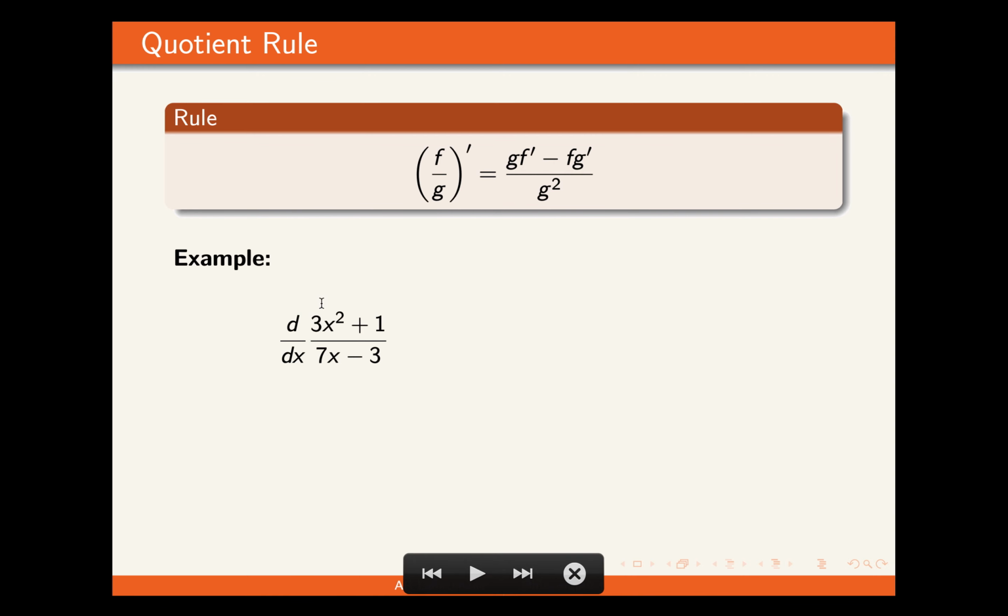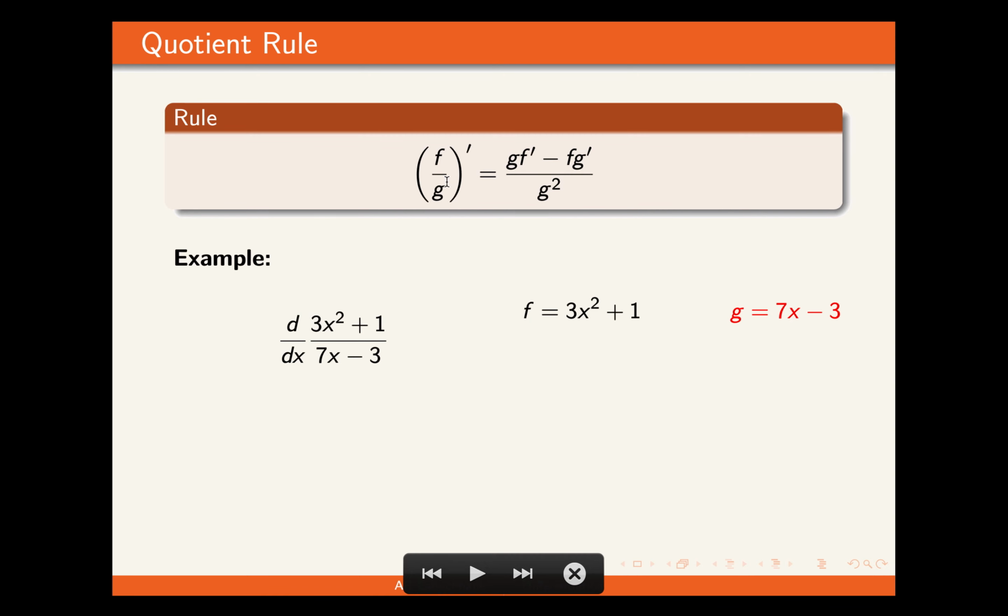To find the derivative using the quotient rule, we need to assume which one is f and which one is z. Let's assume f is 3x squared plus 1, whatever function is in the numerator or at the top. Let's assume whatever function we have on the bottom is z. So z is 7x minus 3.